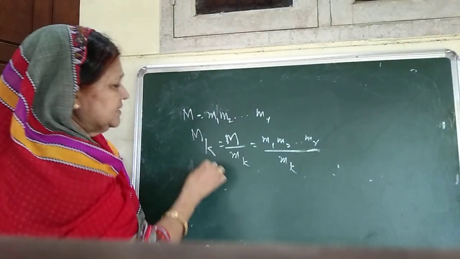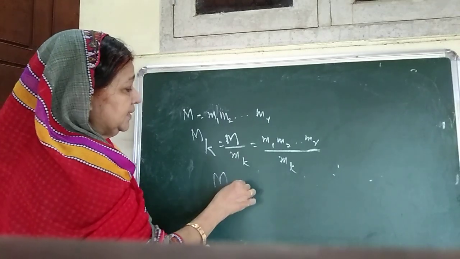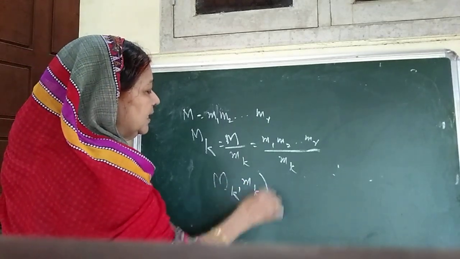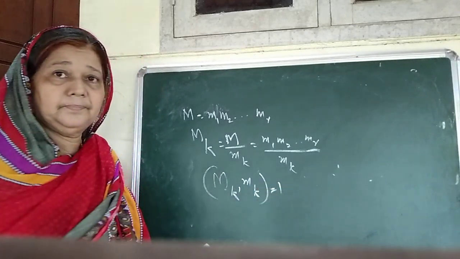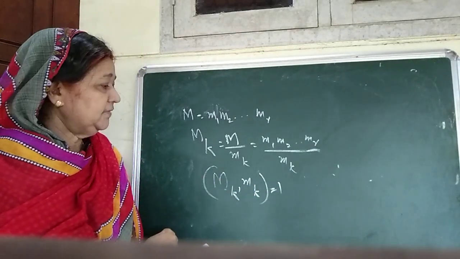Then we can see that capital Mk and small mk are relatively prime.